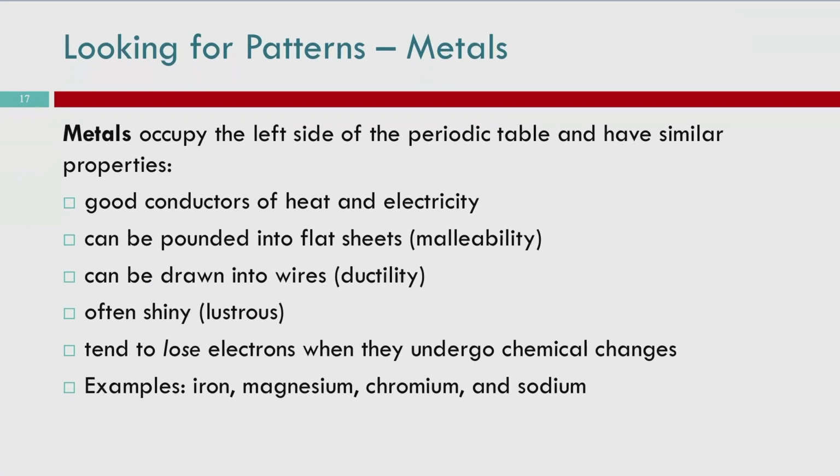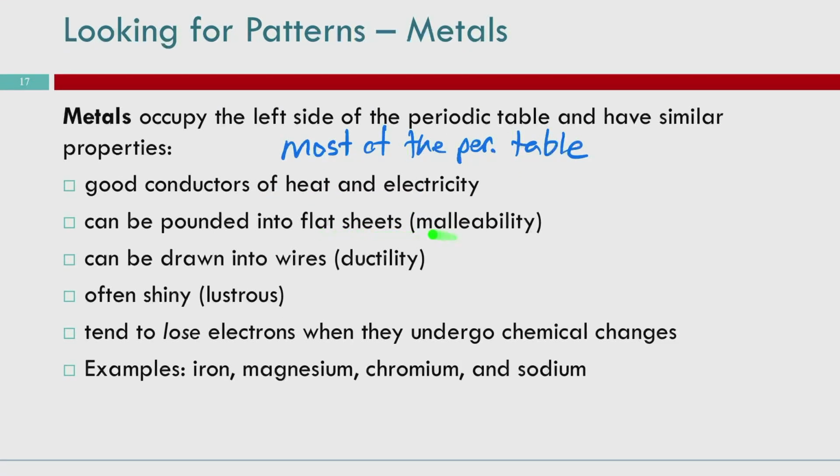So our metals occupy the left side of the periodic table, most of the periodic table. And they've got similar properties, things that we would identify as properties of metals, the reasons that we use metals for the things we do. They're good conductors of heat and electricity. They can be pounded flat into sheets or drawn into wires. They're often shiny.